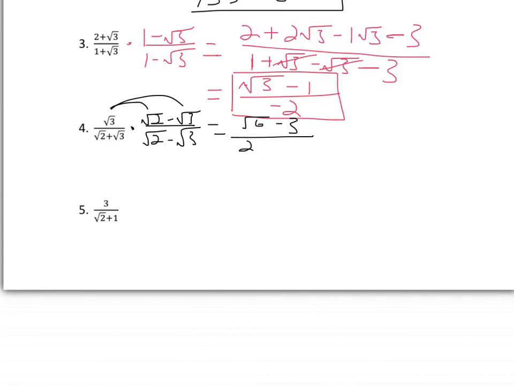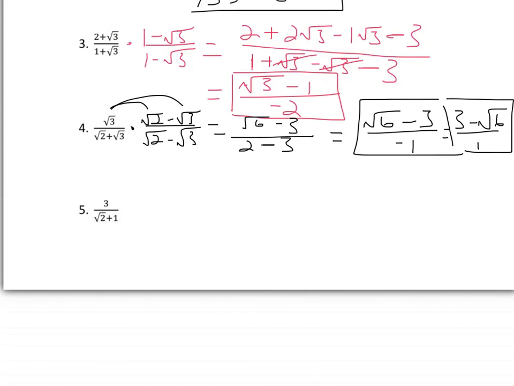Obviously you start to figure out that the middle terms cancel out, so I'm not even going to write them all down. And the answer here will be root 6 minus 3 over negative 1, which you could rewrite as 3 minus root 6 over 1. Either of these would be correct final answers. Okay. Obviously you don't need the 1 there too.